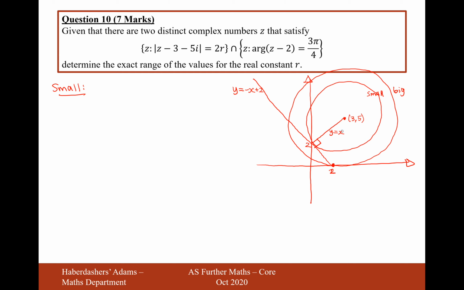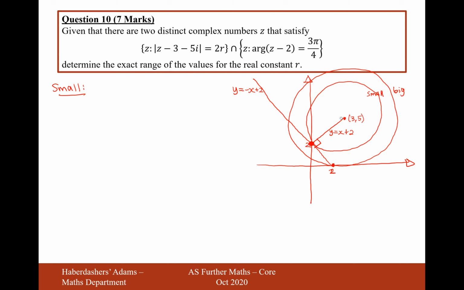If we put in x equals 3, y equals 5, then the plus c has to be plus 2. So actually, this coordinate here is going to be the intersection exactly. So it's going to be intersecting at the coordinate (0, 2).